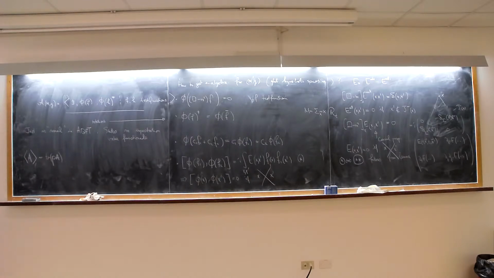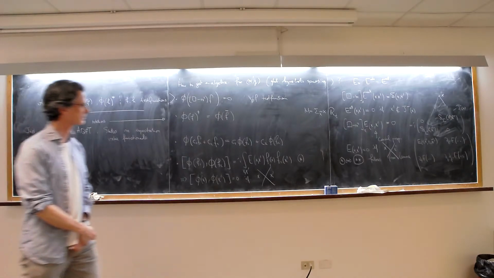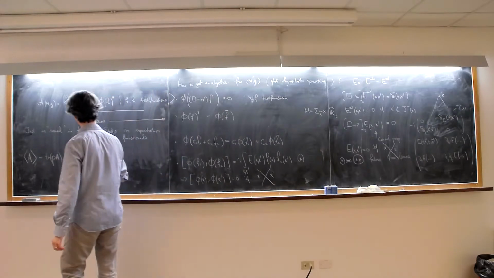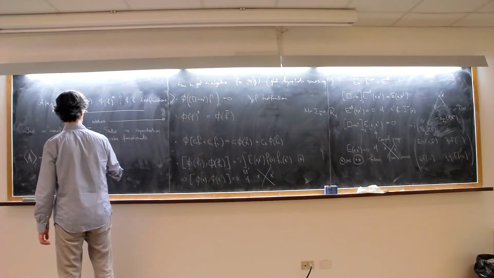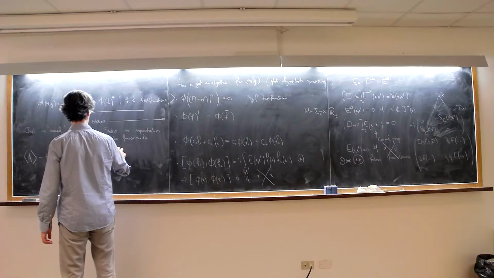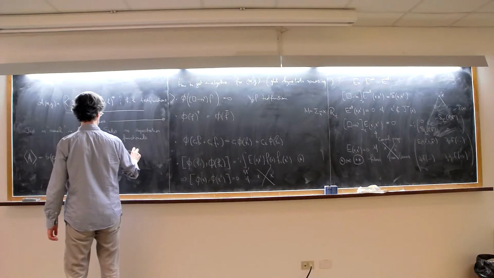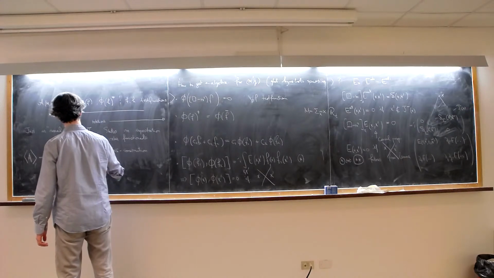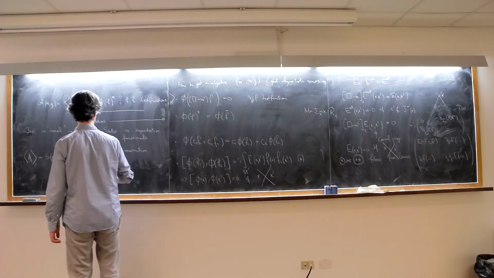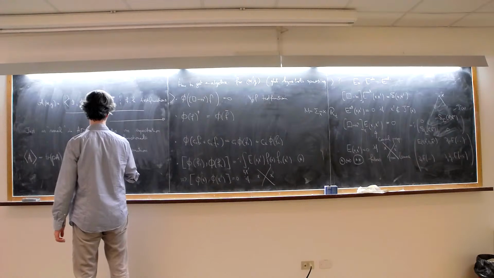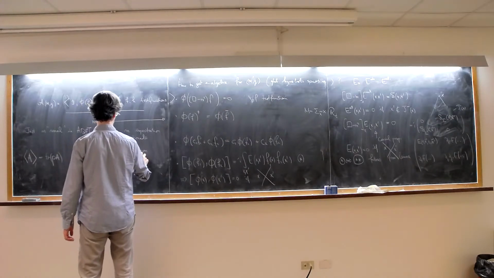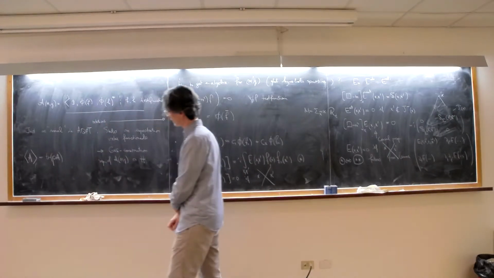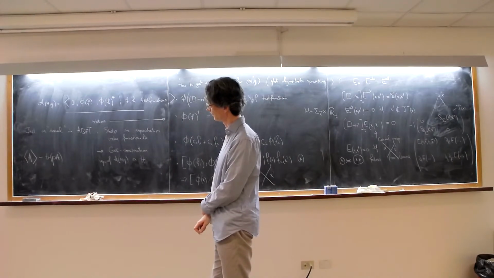So I would like to emphasize here that this example gives rise, by the GNS construction, to a representation of this algebra on the Hilbert space defined by the state.